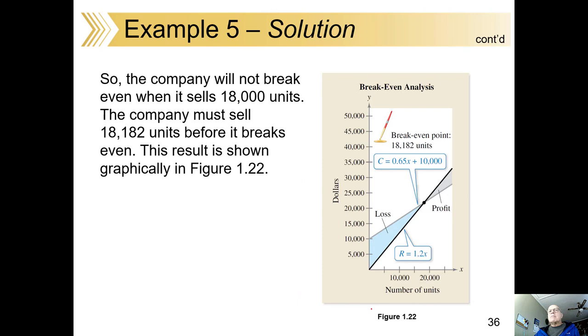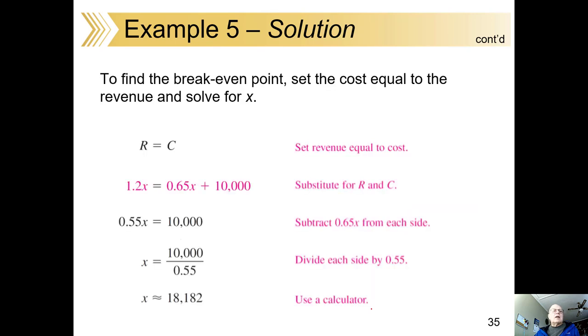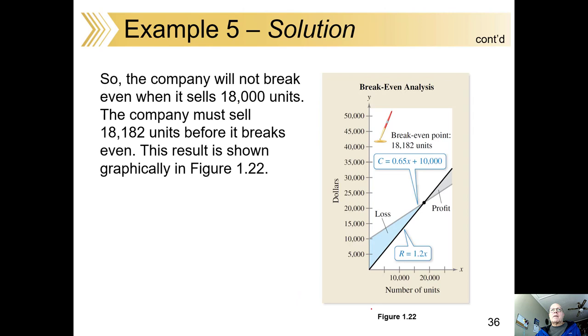By the way, before I leave that, what I actually got for the break-even point was 18,181.81818 repeated. However, if I only sell 18,181 items, I don't quite break even. Close, but I don't break even. I need that one extra item, and then I'm past the break-even point.